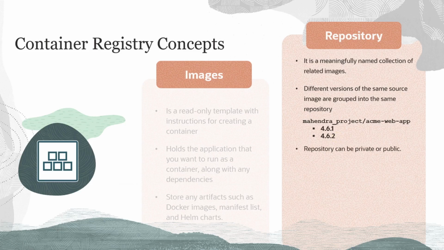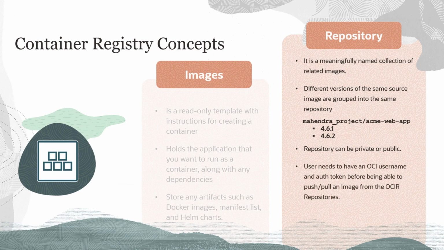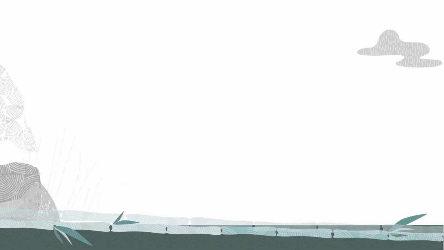Depending upon your need, a repository can be made private or public. One important thing to note is that the user needs to have an OCI username and authentication token before being able to pull an image from the OCIR. When working with repositories and container registry, you will find it helpful to have a clear understanding of the following terms and how they relate to each other.